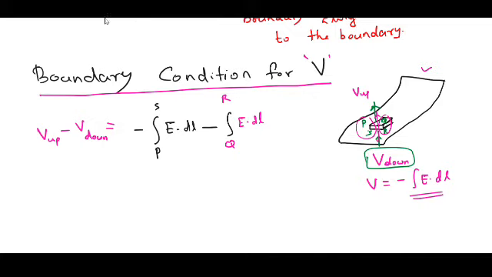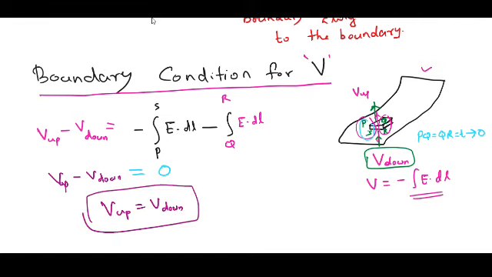We have already assumed that the width of this path, PQ, which is equal to QR, is very small, approaching 0. That is, the thickness of the path approaches 0. Therefore, the right hand side of this equation will be 0. Fine. Therefore, I can write V up minus V down equal to 0, or V up is equal to V down.